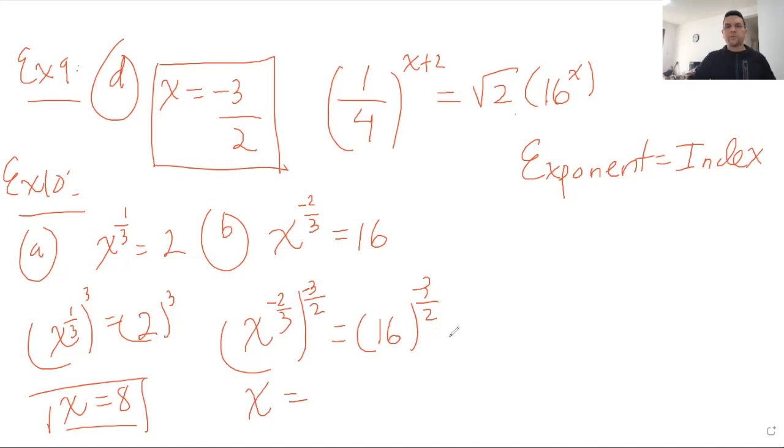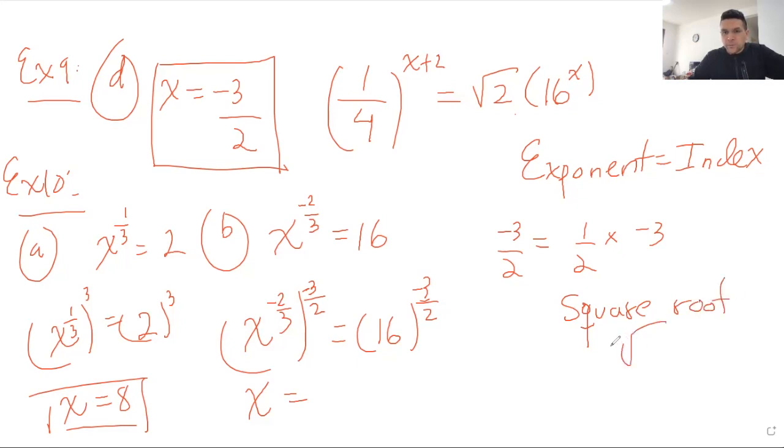And now with this, you have to be careful, right? Because we can break this down. This negative 3/2 is the same as 1/2 times negative 3. And this means the square root, and the square root has 2 roots, right? You get plus or minus.